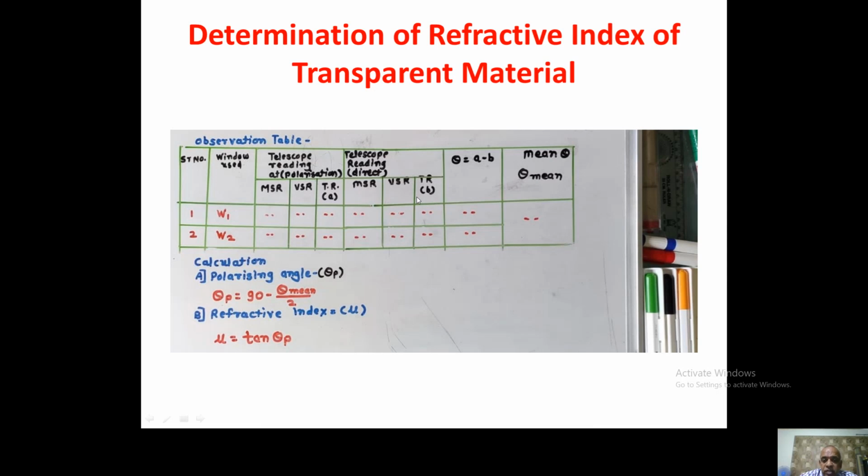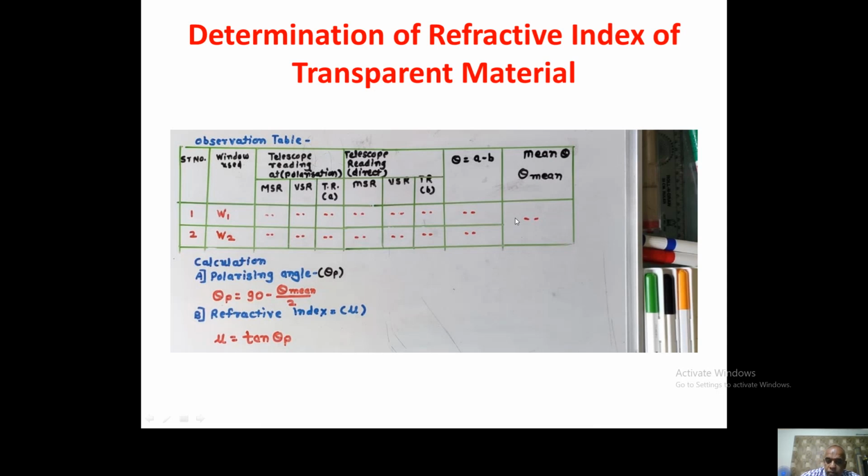The difference between A and B, for window 1 and window 2, and its mean, is theta. That means we find the angle theta at the position of polarization.